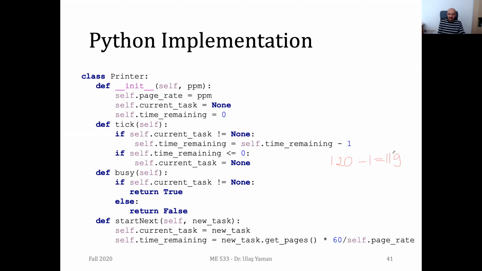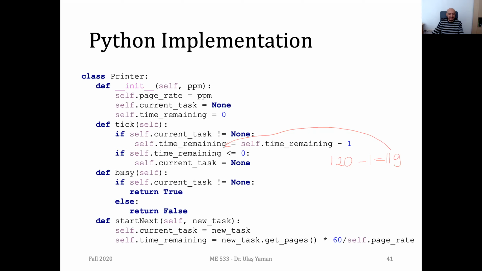So this will be the time remaining. And if the time remaining is equal to 0, then we will say that the task is completed and we can assign a None value to the current task. This is actually the statements we should perform in the tick definition.